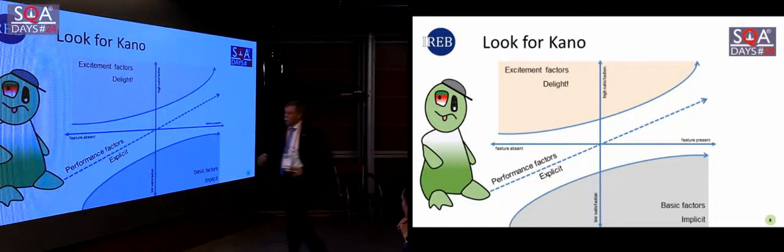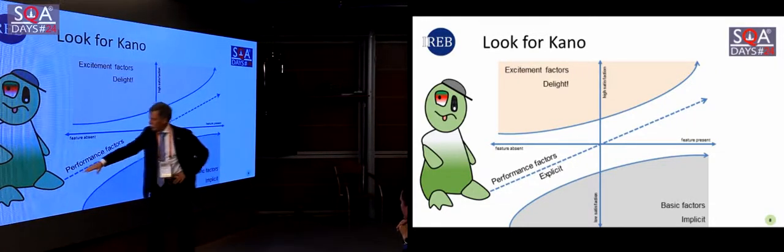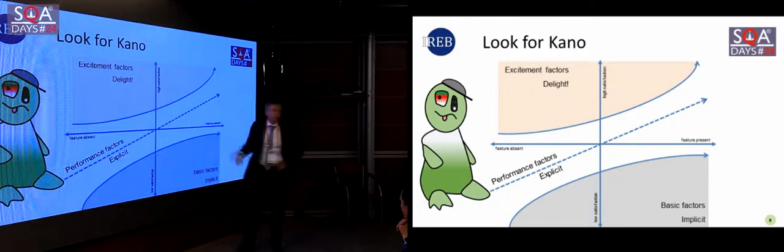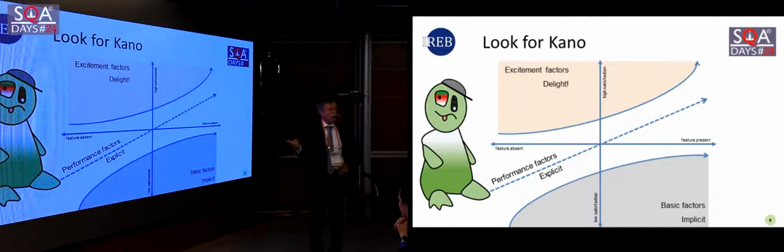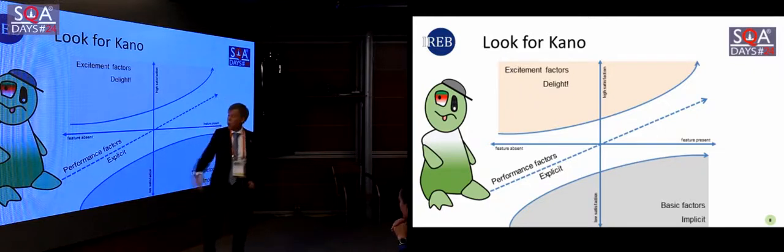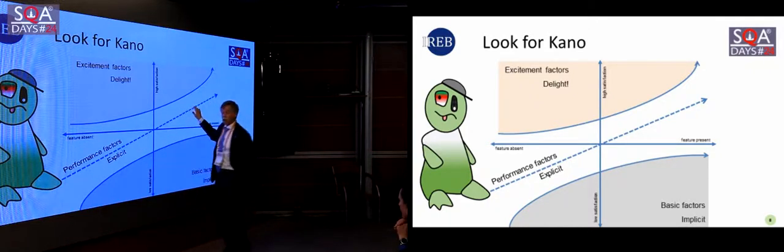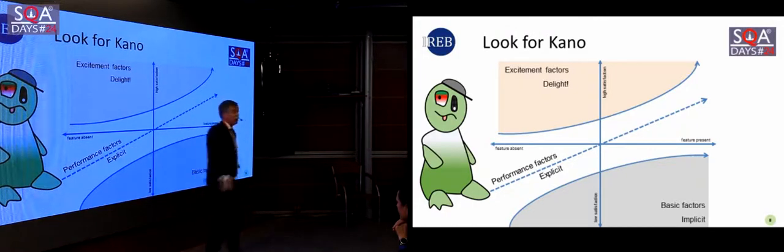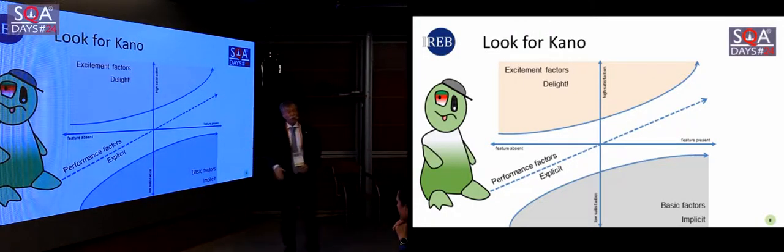And there are quite a number of factors that have a straight relation between how well you implement them and how satisfied your customer is. It's a normal thing that the client asks for, and if you put it in, they're satisfied. If you can't implement it, they're dissatisfied. The more you put in, the more satisfied they are.